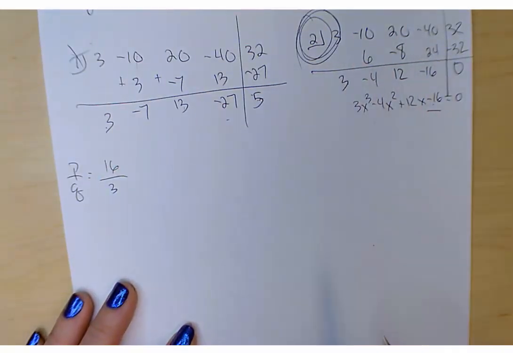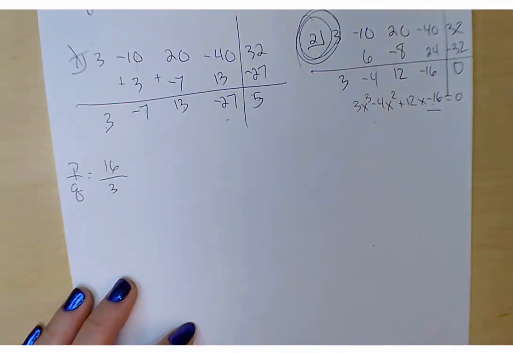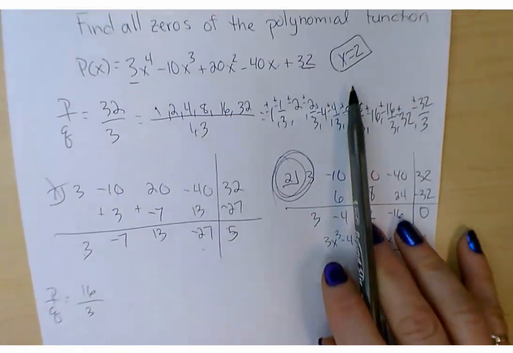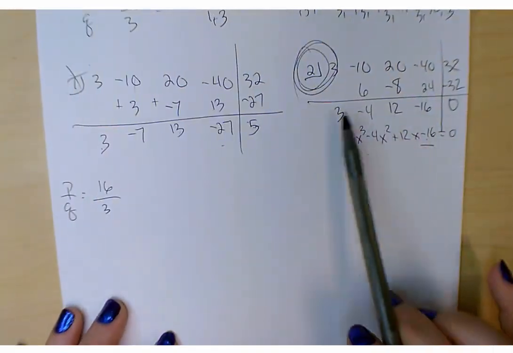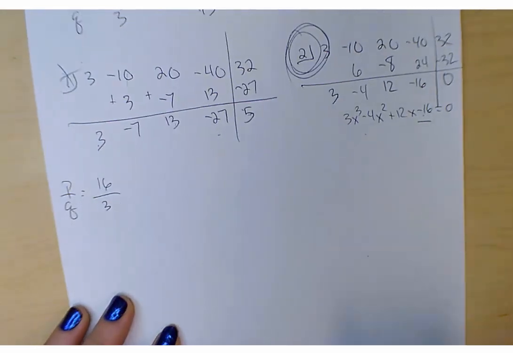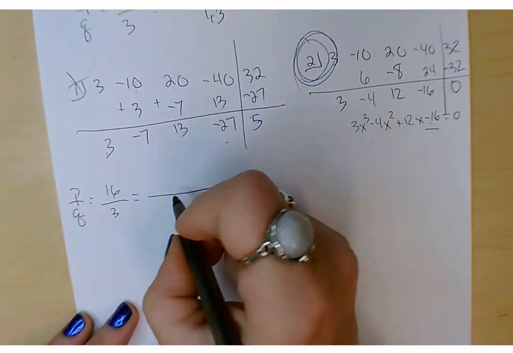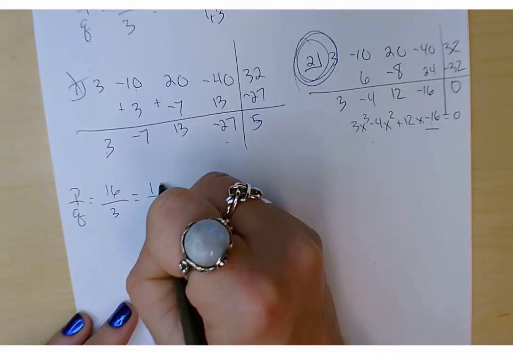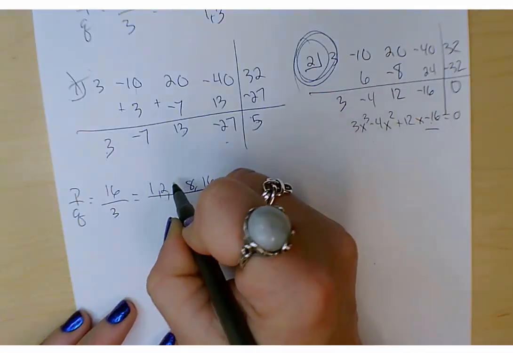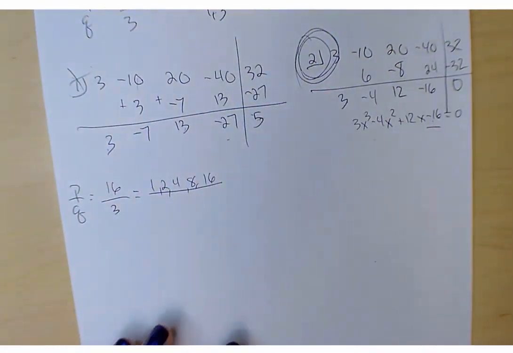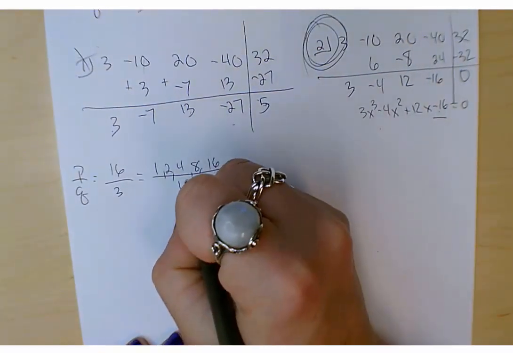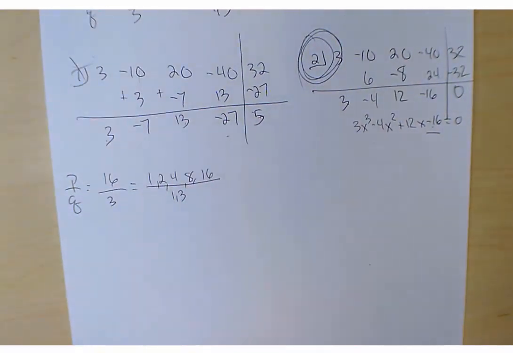Last number over first number. Anytime we find a solution here, we are restarting with the depressed equation that we get. Factors of 16: 1 times 16, 2 times 8, and 4 times 4. In the denominator, we get a 1 and a 3.